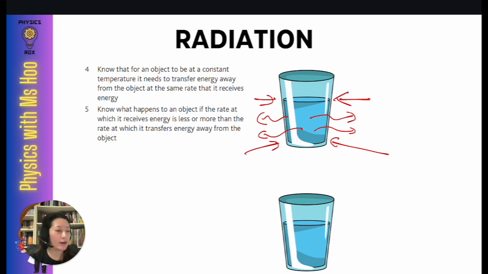So it makes sense, right? If, let's say, it was receiving less energy than how much energy it's releasing, obviously it will lose its thermal energy, so the temperature drops.